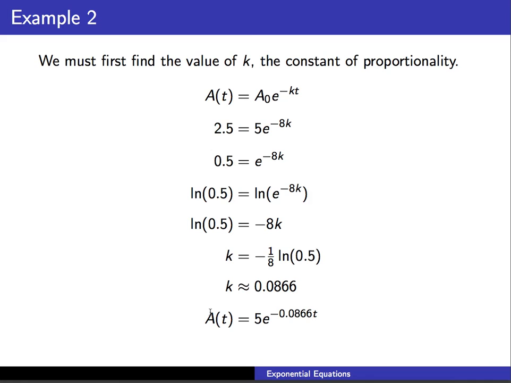Or maybe we want to see how long it'll take for us to get 1 gram remaining. So we would lose 80% of what we had. We'd be down to 1 gram, and we'd have 1 equal to 5 e to the negative 0.0866 t, which we could then solve for t.